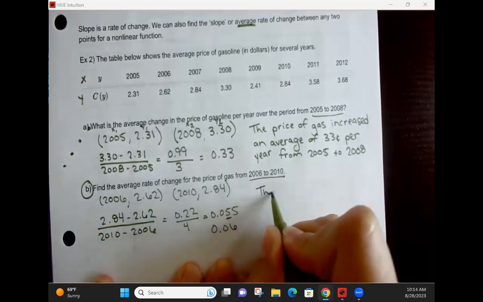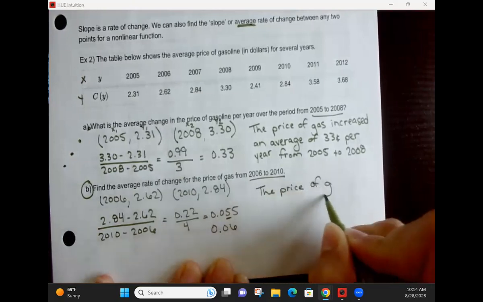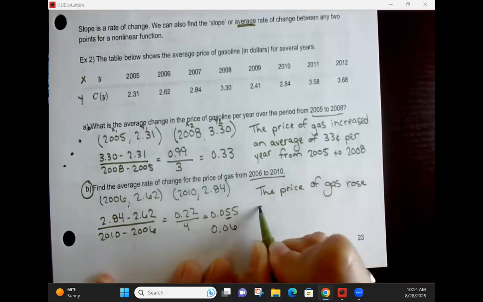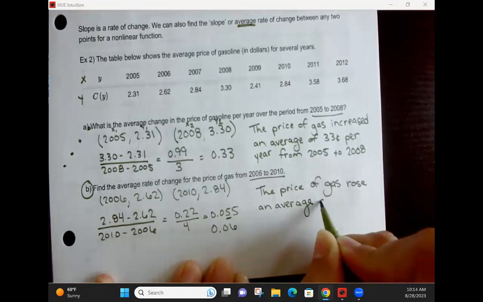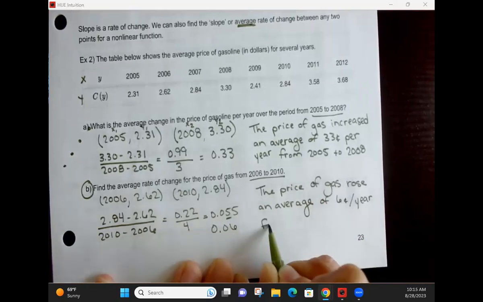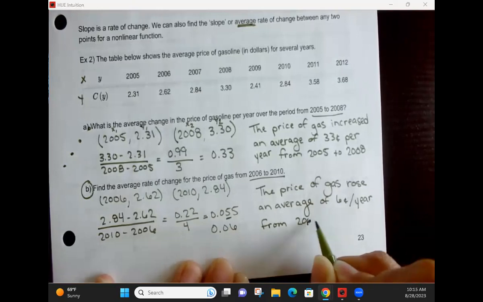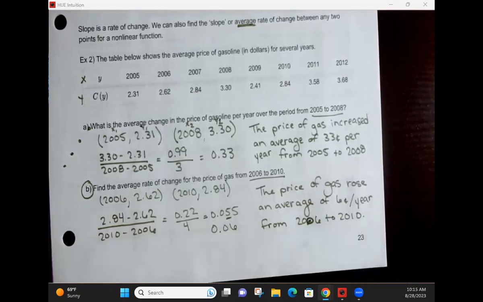Okay, the price of gas increased or rose an average of 6 cents per year from 2006 to 2010. Perfect.